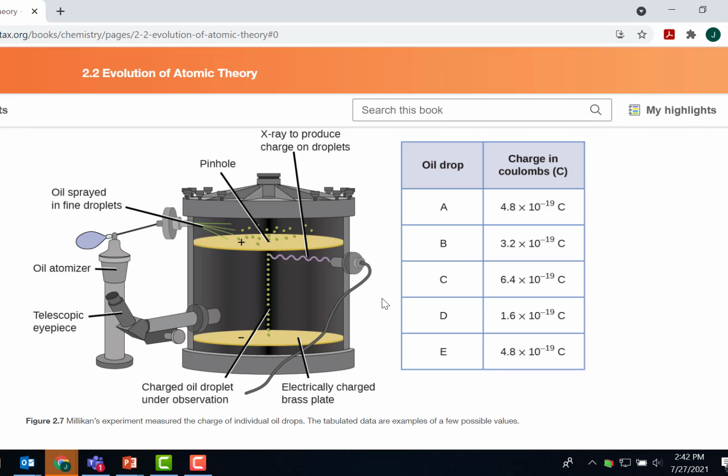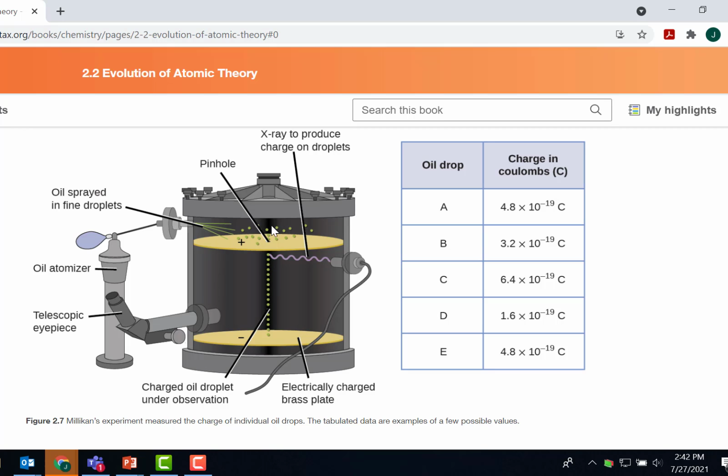They don't necessarily know, but by looking at this and looking at the charges, they were able to find, okay, what's the smallest possible common ratio? The idea being there is some finite number of electrons on each of these oil droplets. We're going to figure out how much that is.